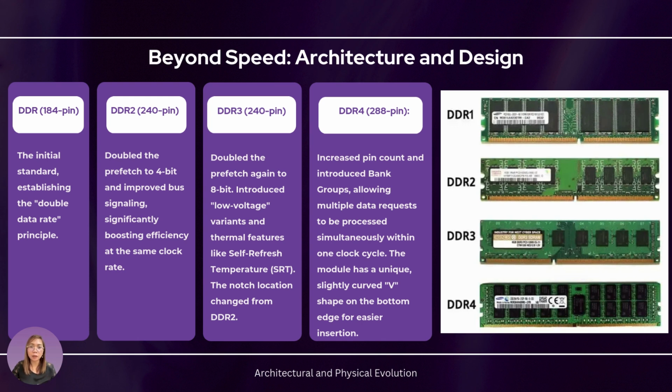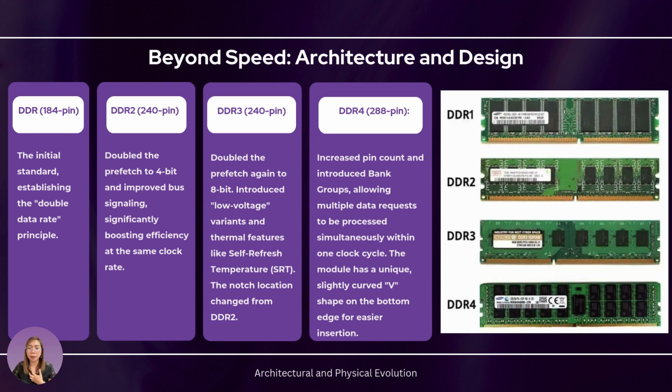Beyond the speed, there is what we call the architecture and the design. Looking at these images of DDR1, DDR2, DDR3, and DDR4, you can see the changes in the number of pins and also the positioning. The shift from DDR to DDR2 marks a change in the physical pin count, moving to 240 pins and introducing better bus signaling efficiency. While the raw numbers tell one story, the physical changes tell another, mostly about preventing mistakes.